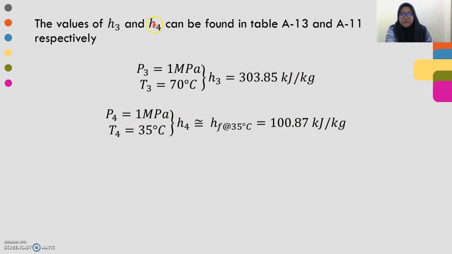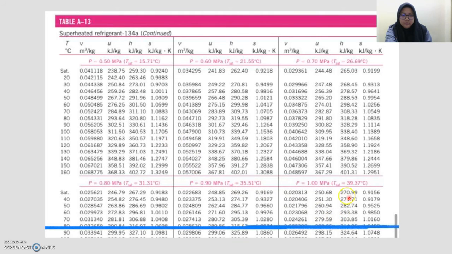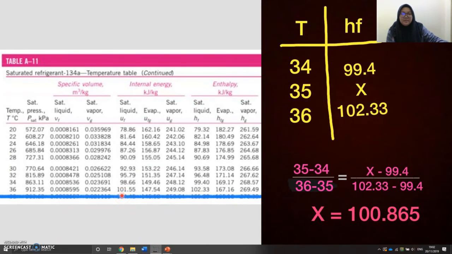Next, for H4, the pressure is 1 megapascal, but the temperature is different, which is 35 degrees Celsius. Based on this, there's no 35 degrees Celsius in the superheated table, which means it is not in the superheated region. The data given is the temperature of 35, but in the saturated refrigerant table A11 there's no 35 degrees Celsius.